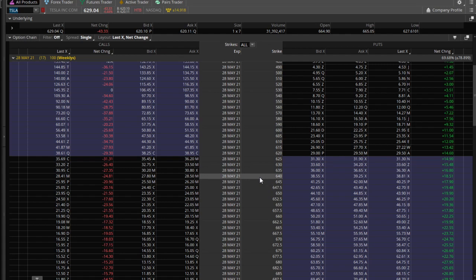As of the close of the trading day on May the 10th, the strike price is roughly about 629, 630. So I'm seeing that in order to buy a call at this point for a 630 strike price, you're looking at around $33, or $3,300, for the option price.